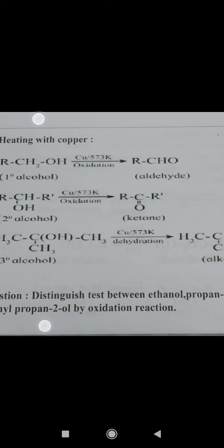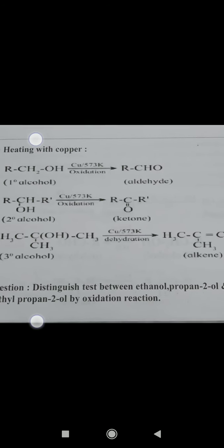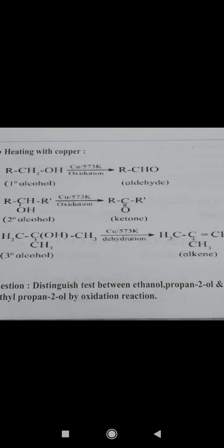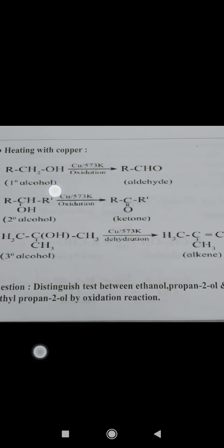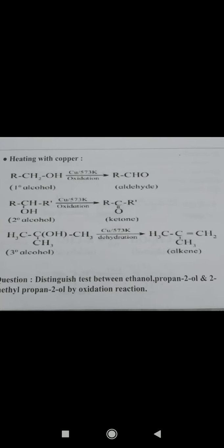Secondary alcohols, on heating with copper at 573 Kelvin, undergo oxidation to form ketones, and tertiary alcohols at 573 Kelvin with copper, instead of oxidation, undergo dehydration to form alkenes. So this reaction can be used as a distinguishing test for primary, secondary and tertiary alcohols.